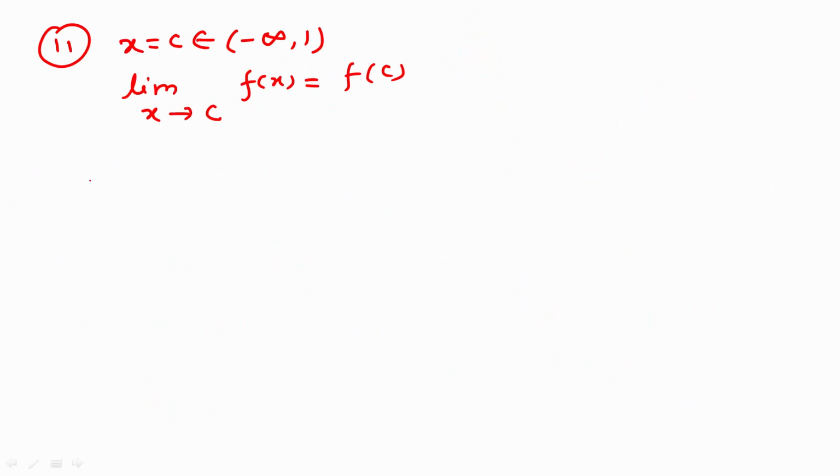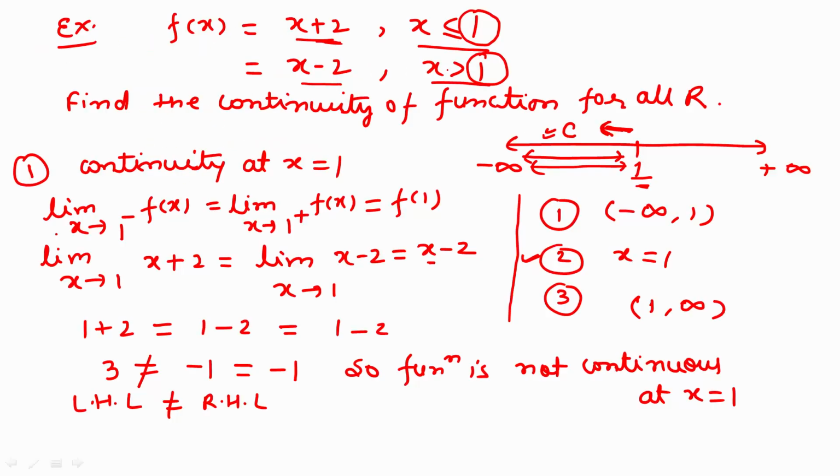Limit x tends to c of x plus 2 is equal to, and f(c), or f(c) means x is equal to c, here the equal sign, so again we will take the function x plus 2.